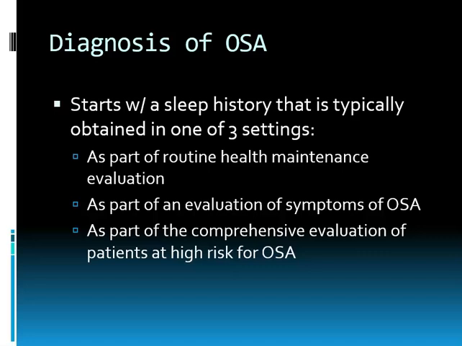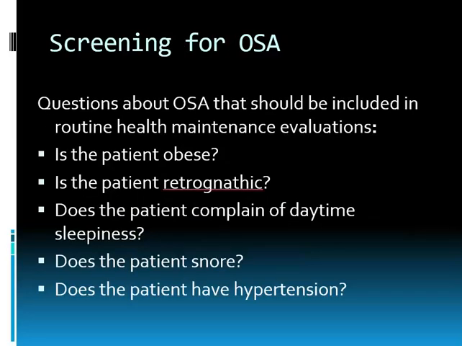And also just looking at our high risk patients, so the ones that are much more at risk, are hypertensive patients, older patients, males, overweight, that type of thing. So these are questions that we should be asking as part of the routine health maintenance. You don't necessarily have to ask, is the patient obese? You can see that just from their height and weight, but just take a look at their jaw, are they retrognathic?